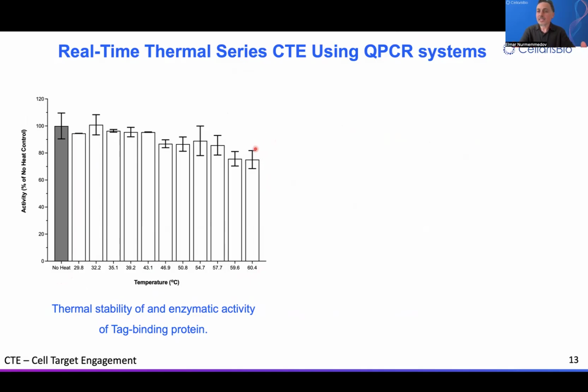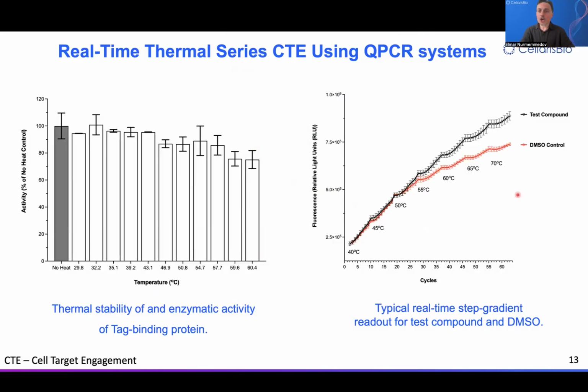It means that this is as good as a Taq polymerase, if you will. And it means that in the real-time microtag system, the only element that responds to temperature should be your target protein with the microtag on it. The rest of the system is thermally resistant and should not be heat sensitive.